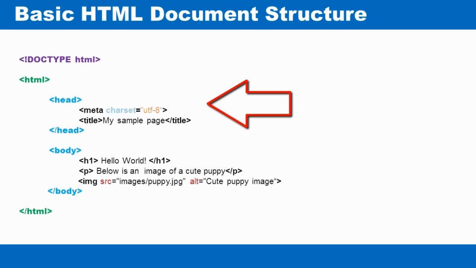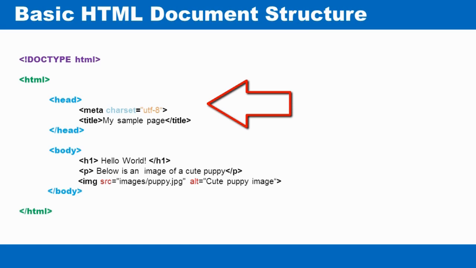Whatever content is enclosed between the head element isn't the content that is visible when someone visits your web page. So within the head element, you can add tags like the meta charset, also the page title.